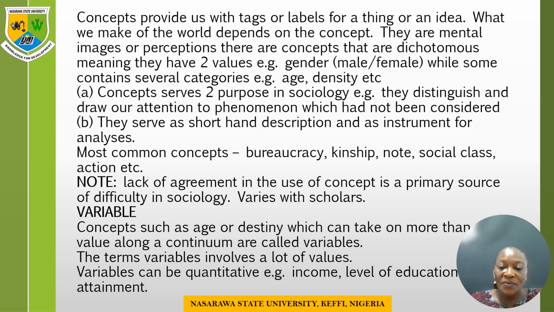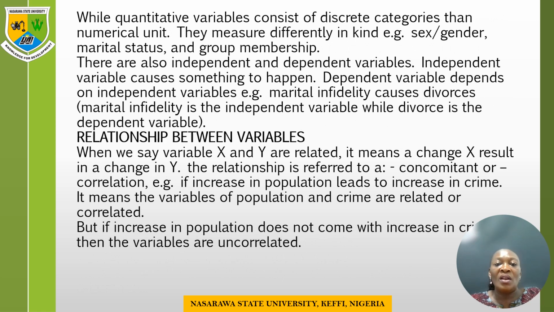Variables can be quantitative, which is income level, educational level, and so on and so forth. While qualitative variables consist of discrete categories rather than numeric units. They measure differences in kind: sex, gender, marital status, group members.